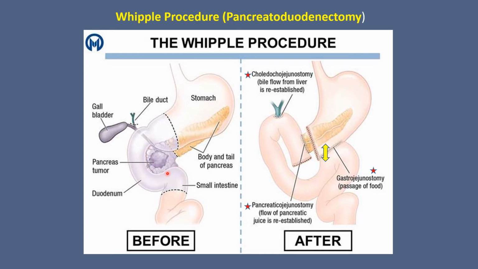And then there's a triple reconstruction by doing a triple bypass. Okay, a single loop of jejunum is anastomosed to the common hepatic duct, choledochojejunostomy. Then you have your pancreatic stump, the body of the pancreas, anastomosed to the side of the jejunum, known as the pancreaticojejunostomy.